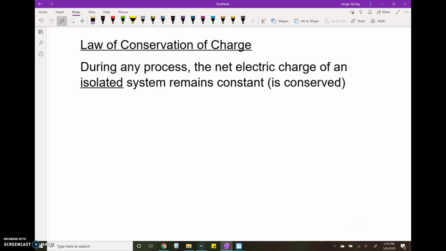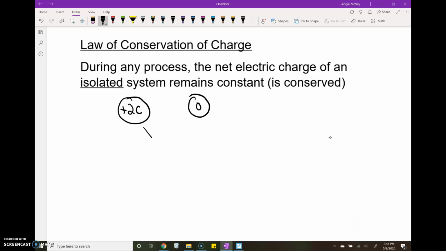Okay, no electrons will be lost in the making of these problems. So for example, let's say we have two objects. One object has a charge of positive 2 coulombs. Another object has a charge of 0, it's neutral.